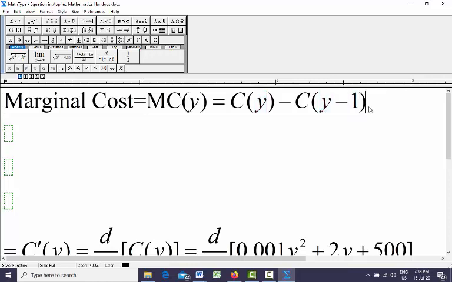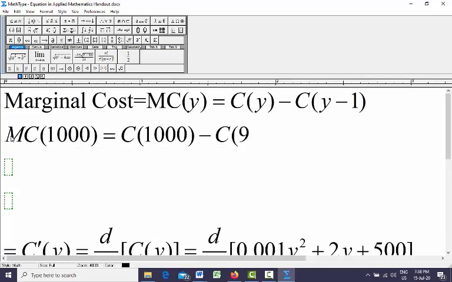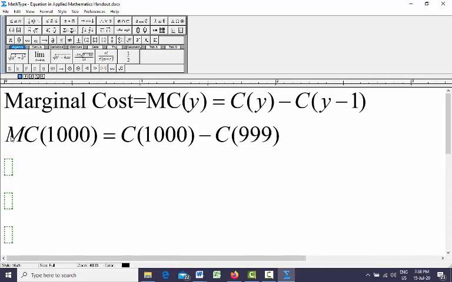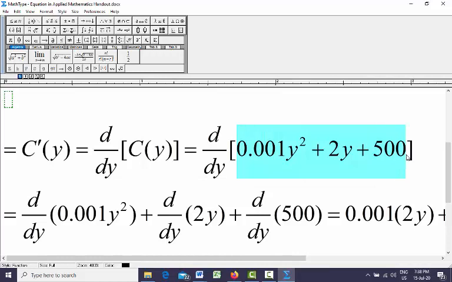In the question, it was asking us to find the marginal cost of producing the 1000th unit. So the formula will be C(1000), the total cost of producing 1000 units, minus the total cost of producing 999 units, right?